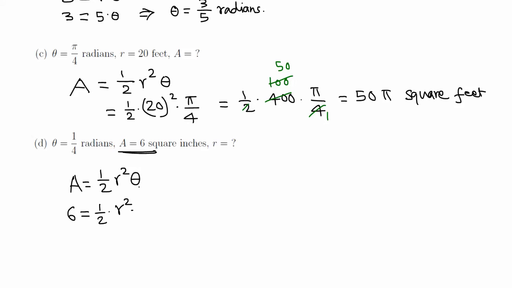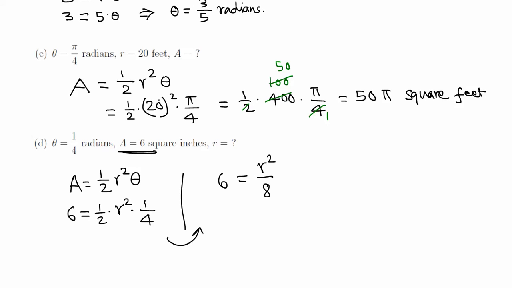This should be in radians, and it's 1 over 4. This is given in radians, so 1 over 4. That is the same as 6 equals, let's simplify the right hand side, 2 times 4 is 8, r squared on the top, so r squared over 8.